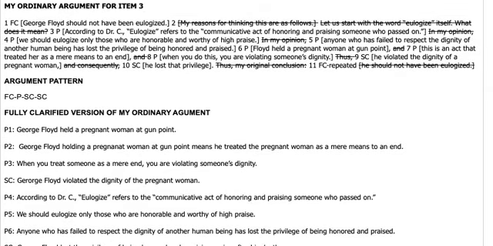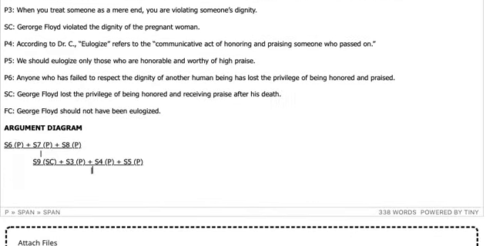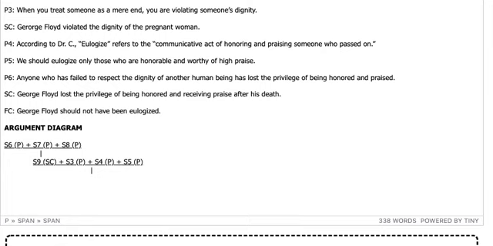So where did we say anything about losing the privilege? Right here, statement 10. So that is taken to, and I've got to get rid of that underlining. No, I don't have underlining at this point. So remember, this argument pattern that we've just gone over and this argument diagram are specific to this argument. Don't think that your argument is going to have exactly the same outcome when it comes to the pattern in the diagram or the labeling.